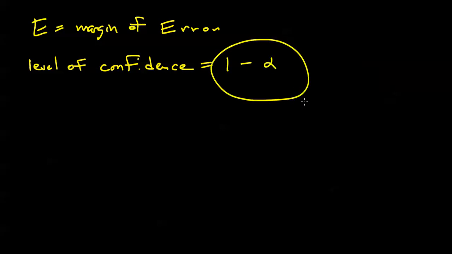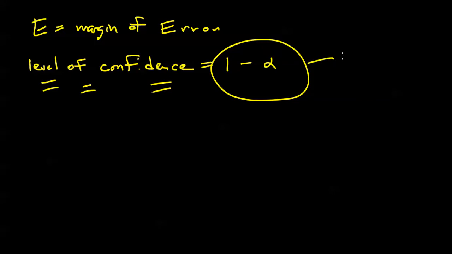Cap E is what we call a margin of error. Our level of confidence we will label with the quantity 1 minus alpha. So 1 minus alpha represents our level of confidence, and the reasons why will become evident in later sections of the text.